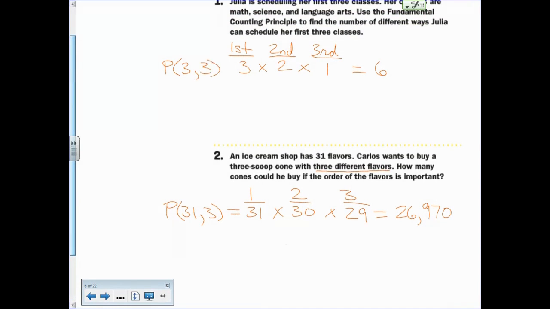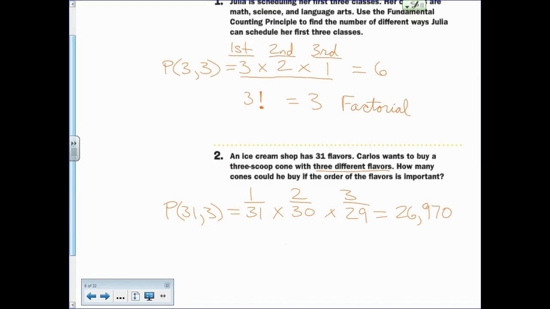So that would be P(3, 3). This is called a complete permutation. And there is actually another mathematical symbol that tells me to do 3 times 2 times 1. And that is, I could write 3 exclamation point, which is actually 3 factorial.